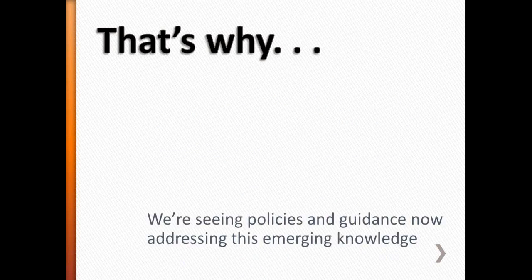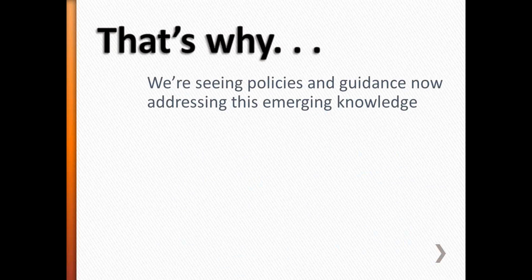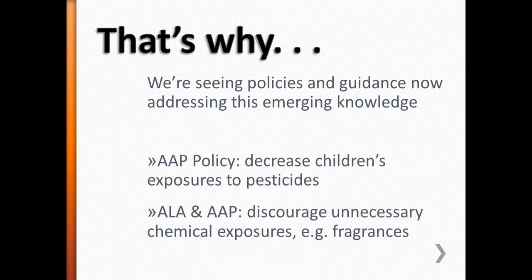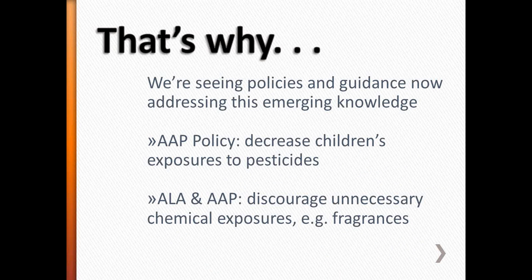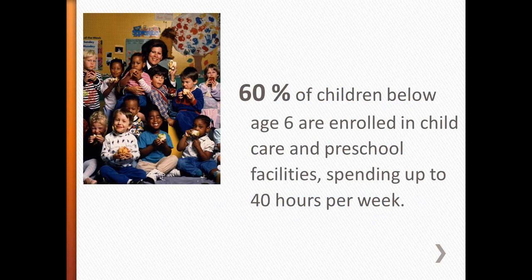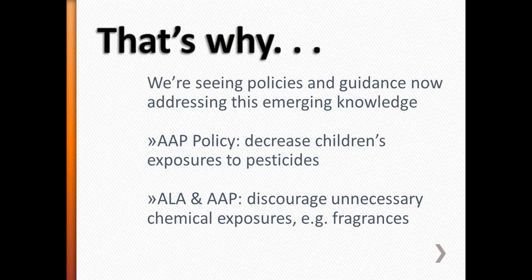The evidence is strong enough that we are seeing health experts address children's environmental health exposures through policy statements such as these. The American Academy of Pediatrics and the American Lung Association have both weighed in on chemical exposures in general, and the Academy on preventing children's exposure to pesticides where possible.